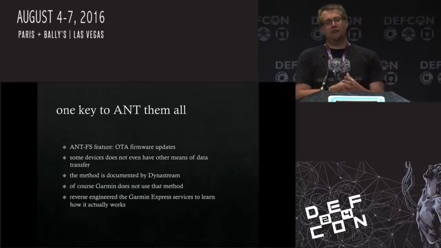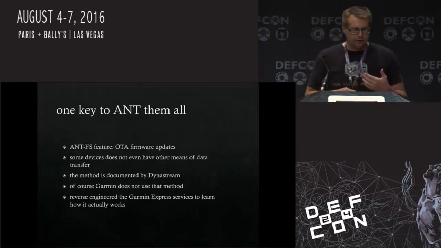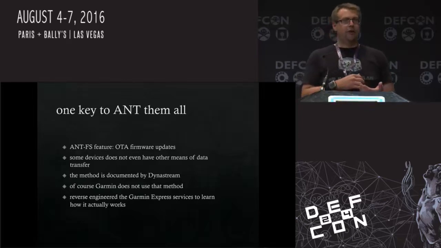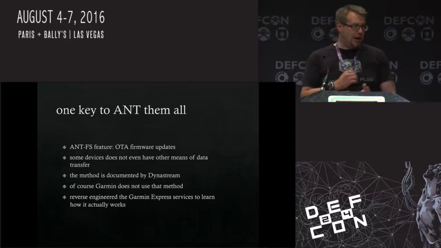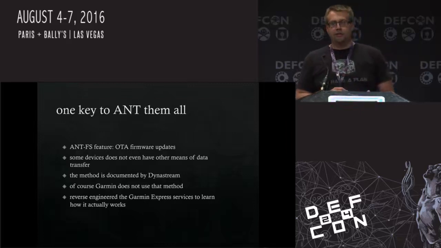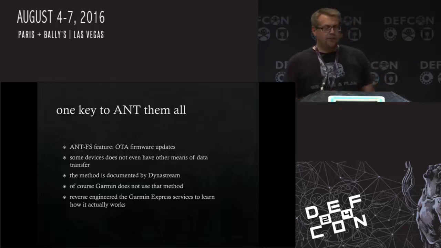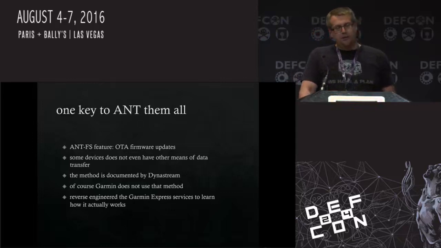so there's a feature called OTA firmware updates. There are lots and lots of devices that don't even have any other communication method than ANT, so firmware updates have to be done via ANT. The firmware update method is pretty well documented by Dynastream, but of course Garmin does not use this method.